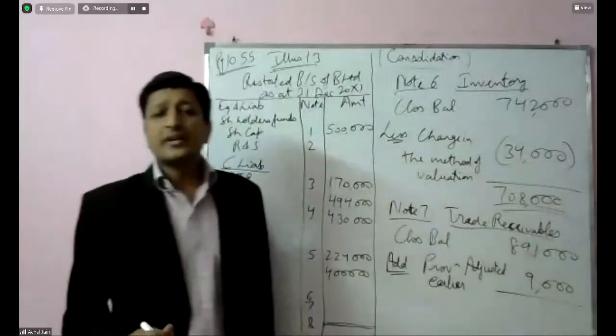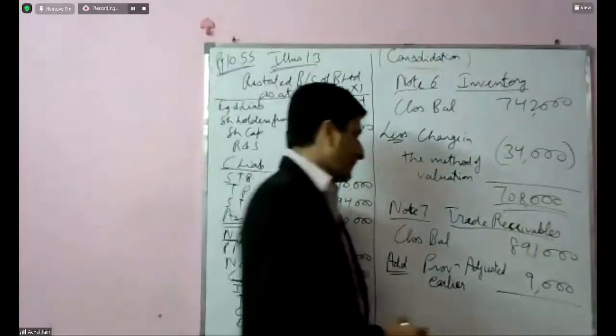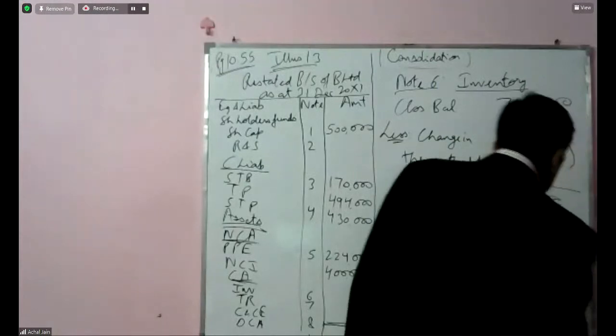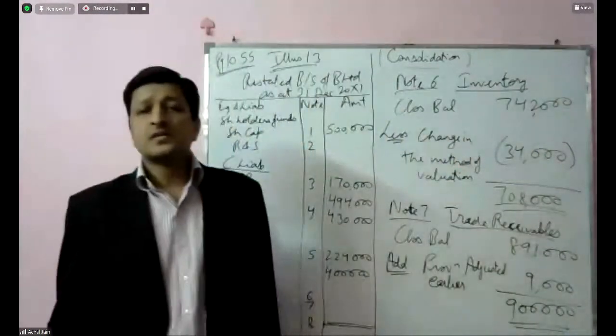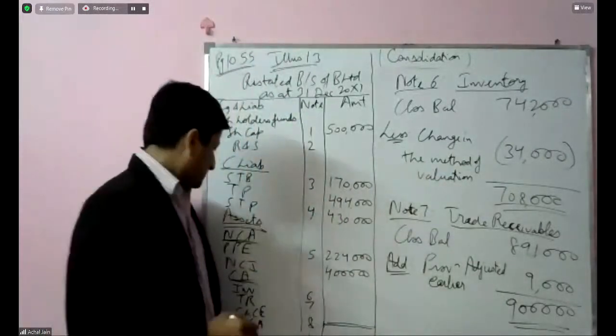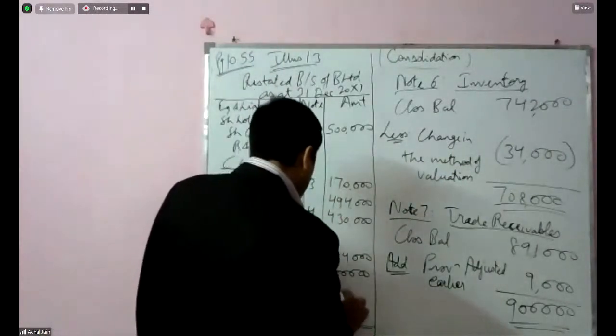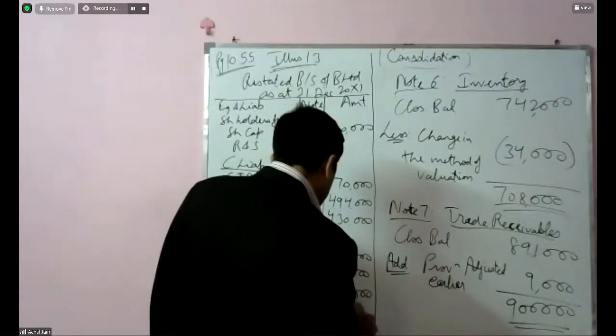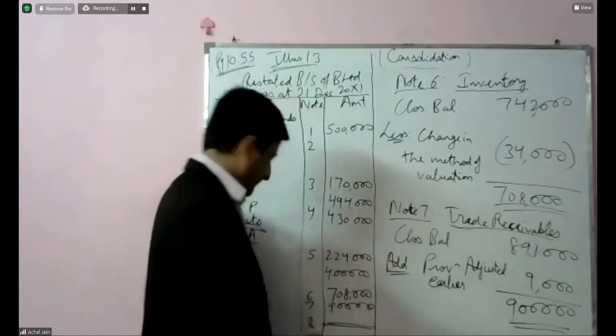So 9,000 we need to adjust. So this becomes 9 lakh. Okay. 7,08,000 will take over here. 9 lakh will take here.